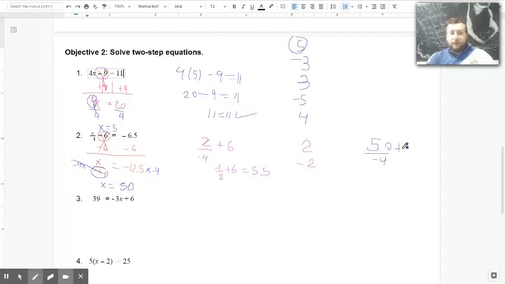Plus 6. So 50 divided by negative 4 is the same thing as negative 12.5, which plus 6 is indeed negative 6.5. I get the same thing I need to get on the right side. So then I know I did this right. So this is the right answer.